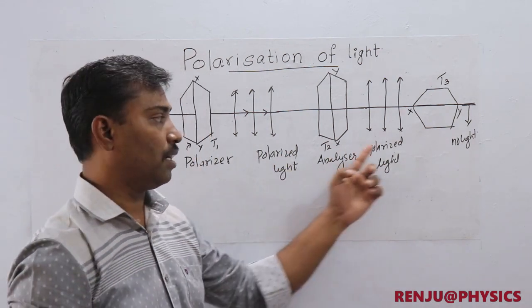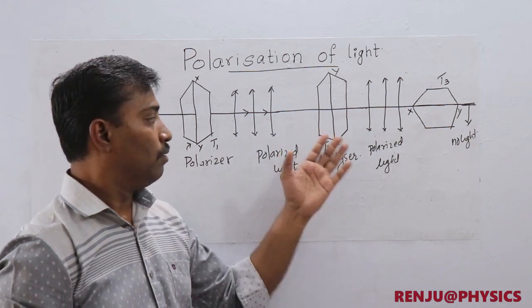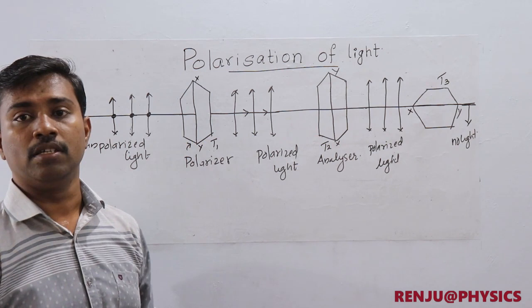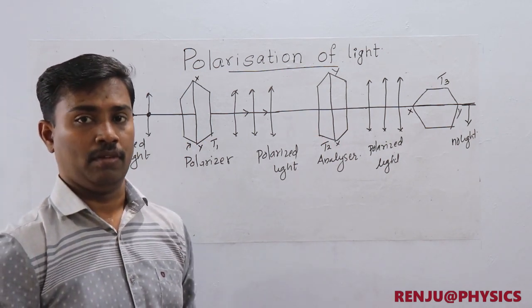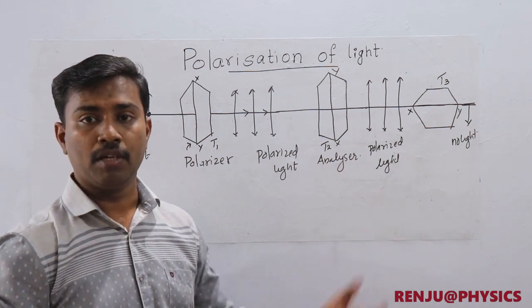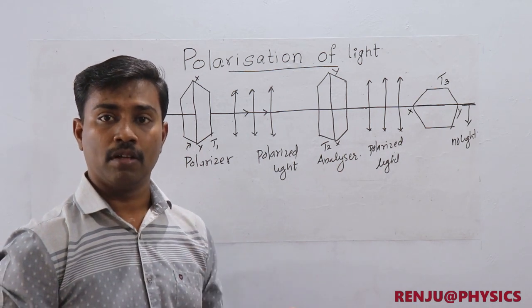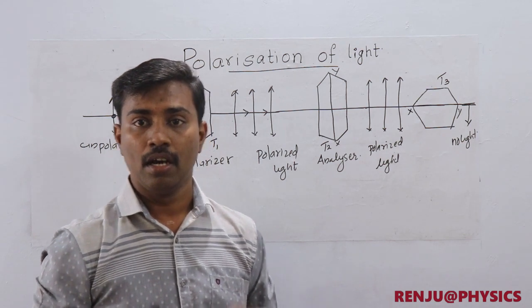Here we are using the second crystal and third crystal to check whether the light coming from the first crystal is polarized or not. The crystal we use to check whether the light coming from the polarizer is polarized or not is called an analyzer.